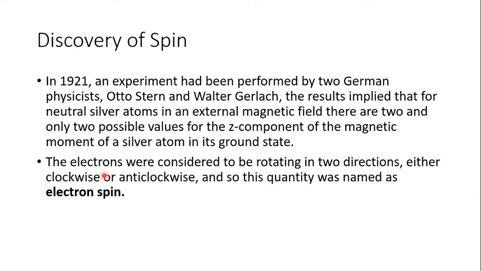The next is discovery of spin. In 1921, an experiment was performed by two German physicists, Otto Stern and Walter Gerlach. The result implied that for a neutral silver atom in an external magnetic field, there are two and only two possible values of the Z component of the magnetic momentum of a silver atom in its ground state.